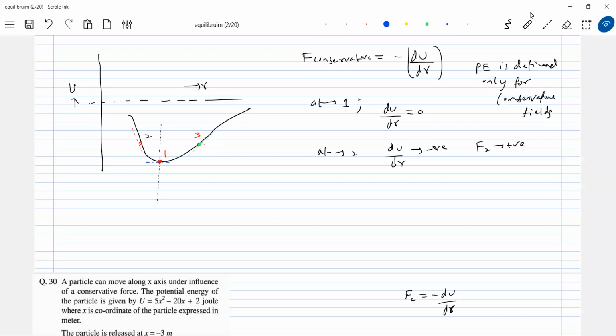It is positive. So at 3, dU by dr is positive. So what about the force? Force is negative. How is the displacement given? Towards right. And how is the force acting? Towards left here.